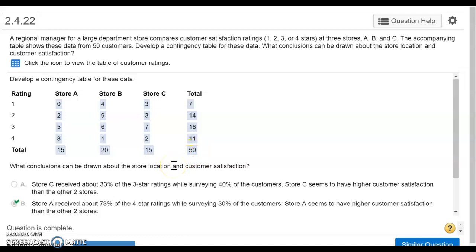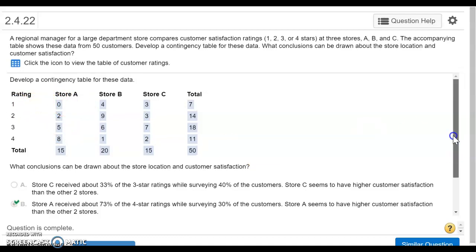So if you do 15 divided by 50, you will see that 30% of the customers rated store A. And store A also seems to have a higher customer satisfaction because they didn't get any 1-star ratings. So the first part is pretty straightforward, but the second part you have to really think about what it's asking you to look at.